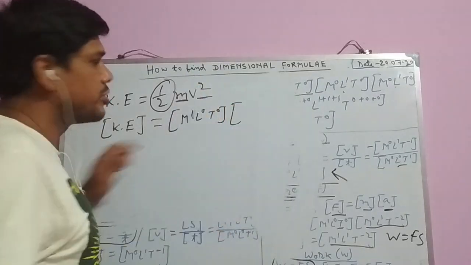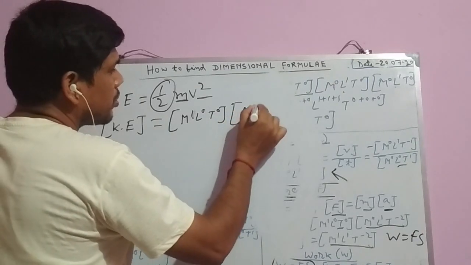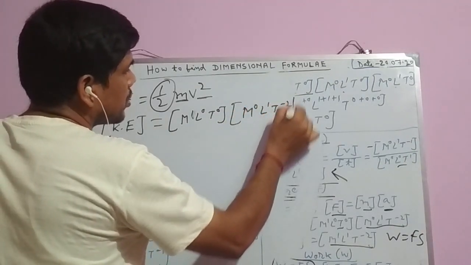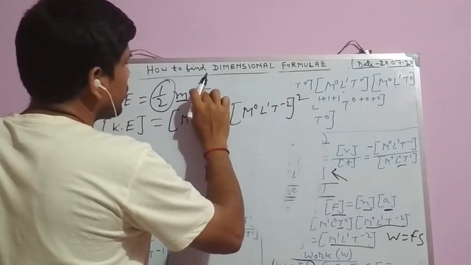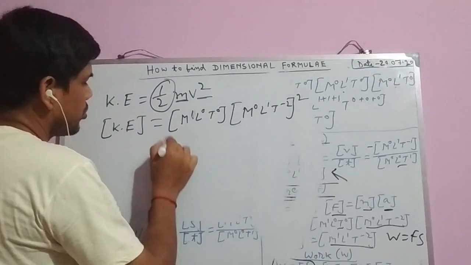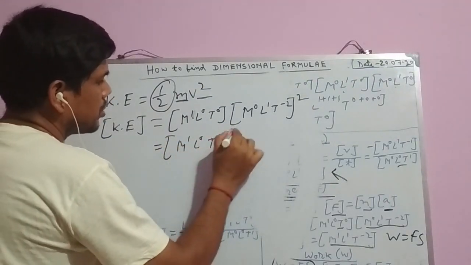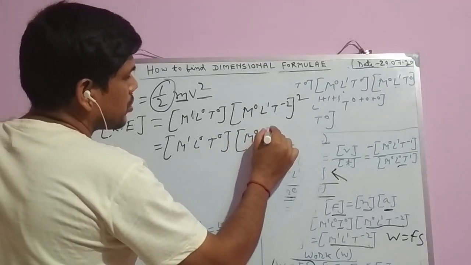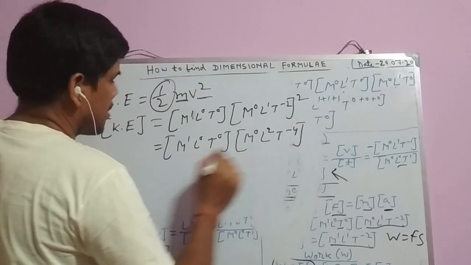And what is the dimension of v, velocity? What is the dimensional formula of velocity? M^0 L^1 T^-1, whole squared, because it is v squared here. So M^1 L^0 T^0 times M^0 L^2 T^-2.